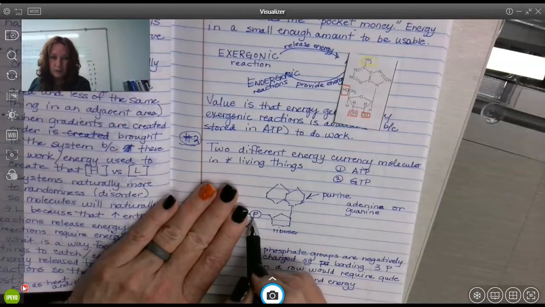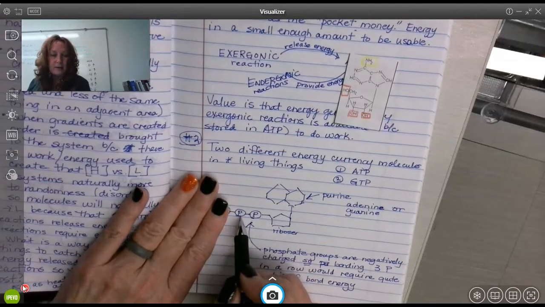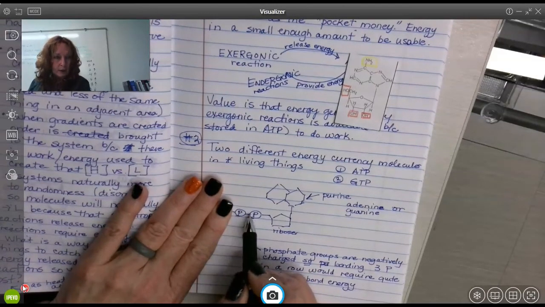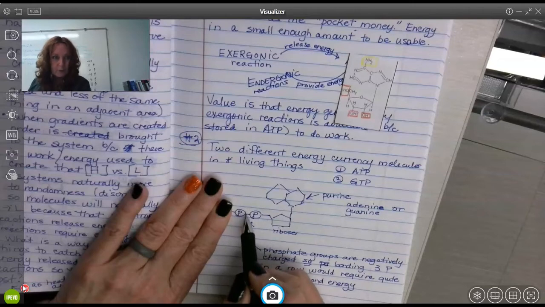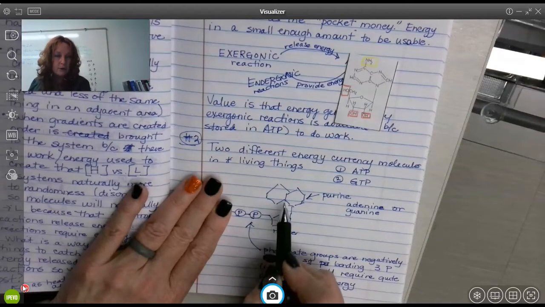It would be a really low energy bond. You add the next phosphate group with this bond, now you've got that repulsion to where you're forcing two negatively charged groups, these phosphate groups, next to each other. This bond has more energy than this bond.